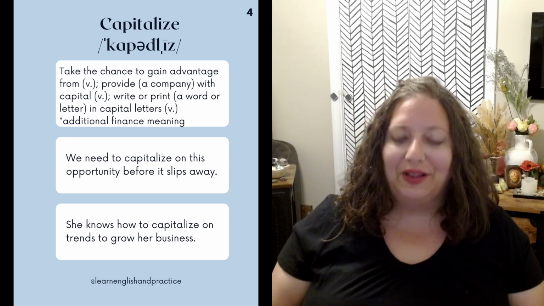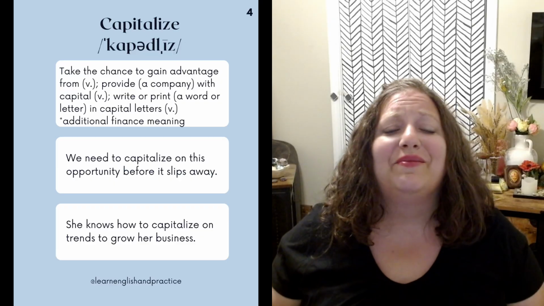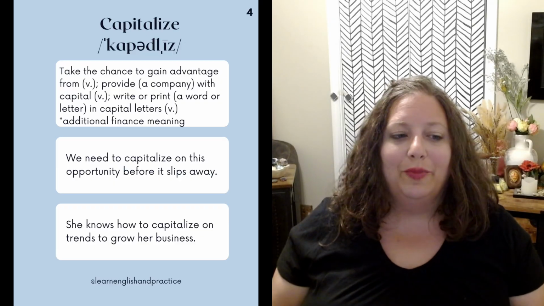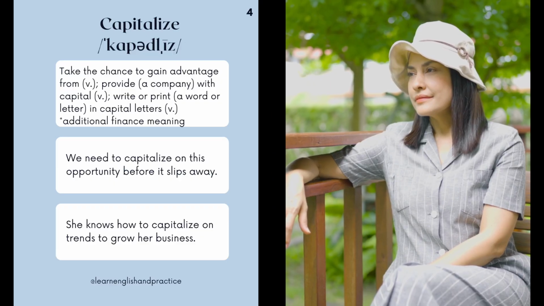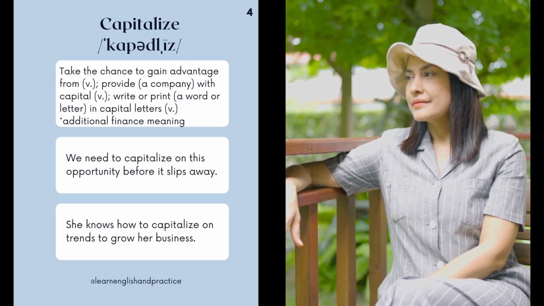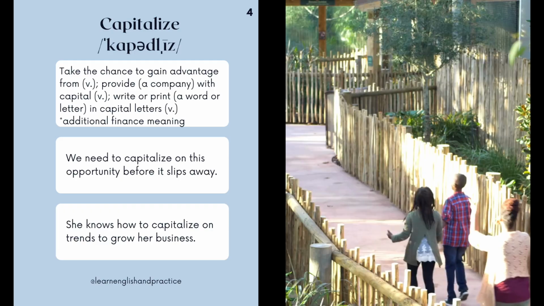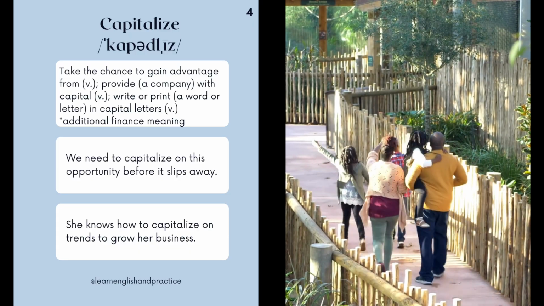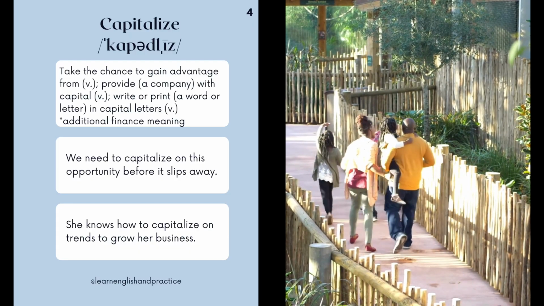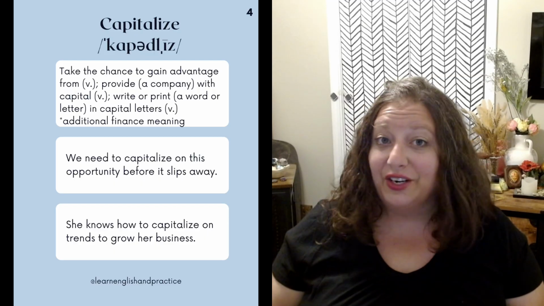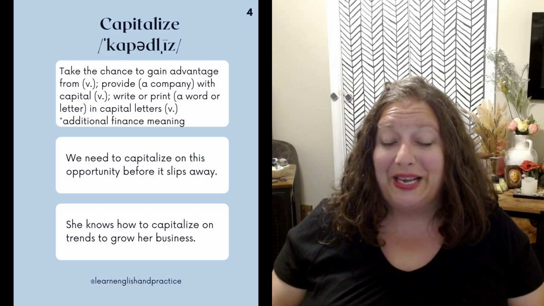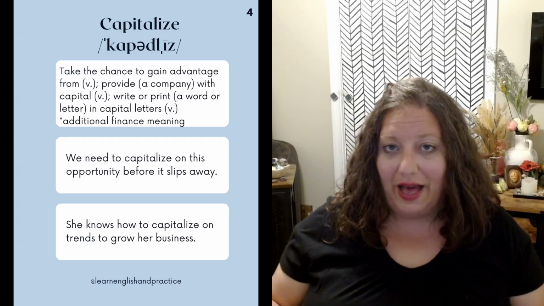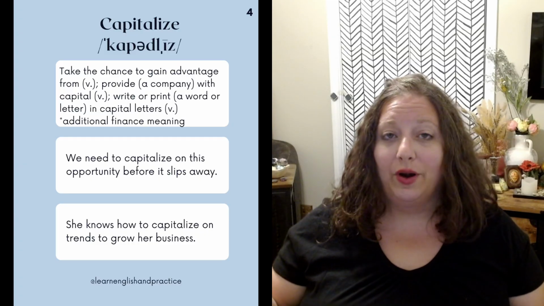So to capitalize on something is to take advantage of it. You might decide to capitalize on a beautiful day and go to the park or go to the zoo in order to take advantage of how wonderful it is outside. Also note that as you're learning English, understanding what it means to capitalize a letter is pretty important.